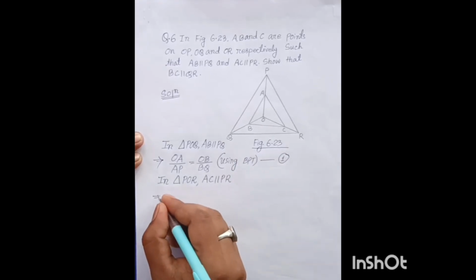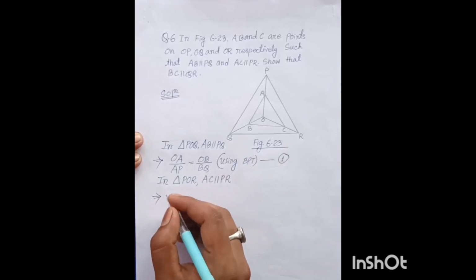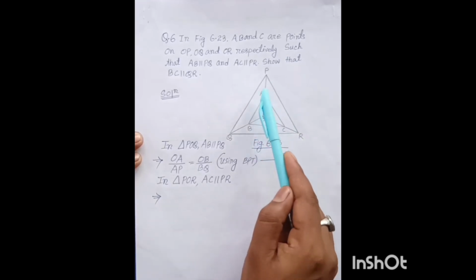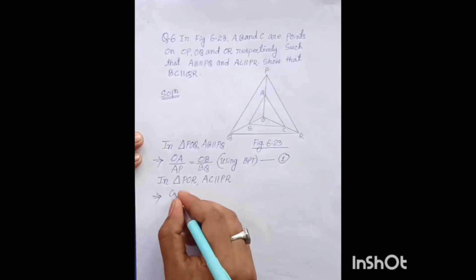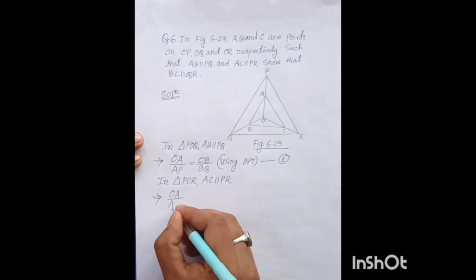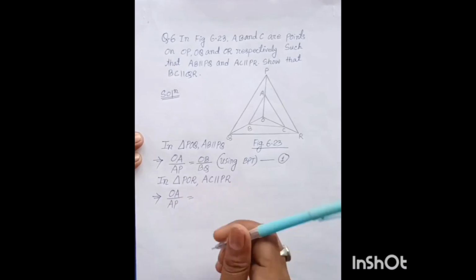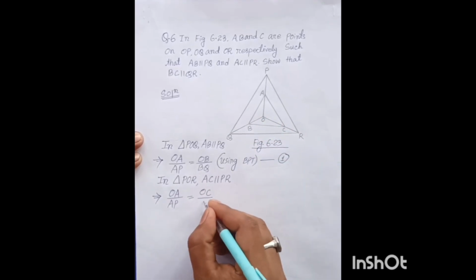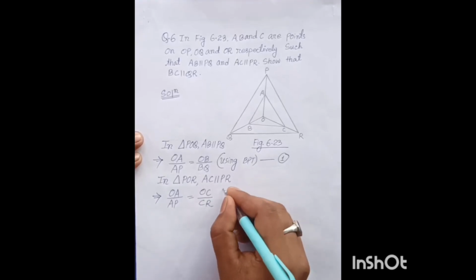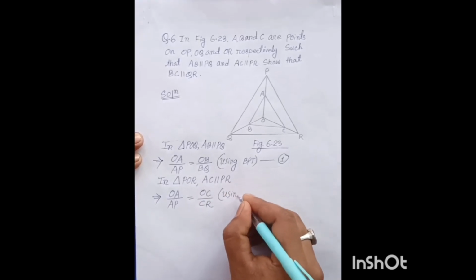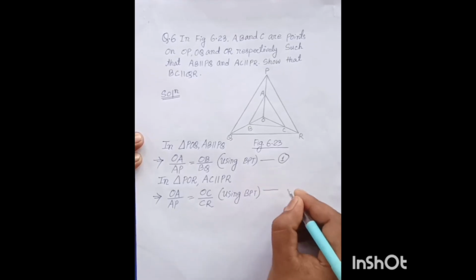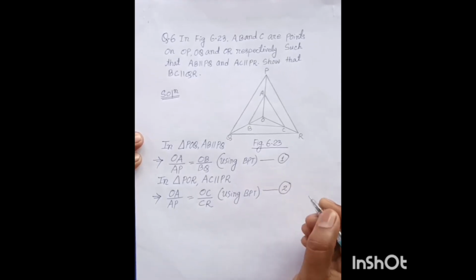If these two lines are parallel with each other, then I can apply Thales theorem here also: OA by AP equals OC by CR, using BPT. This is equation number 2.